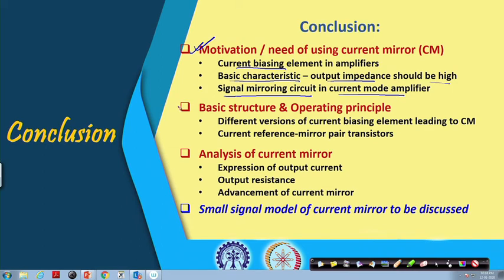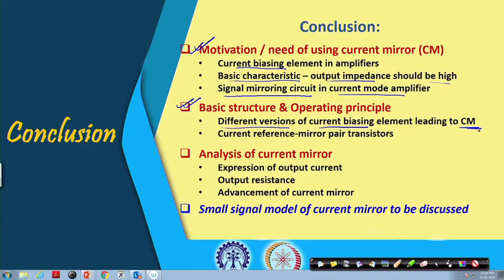Then we talked about the basic structure of the current mirror, and to get the basic structure we discussed various versions of current biasing elements, namely the simple resistor, then leading to the active device, and then the final version, which is the current mirror.